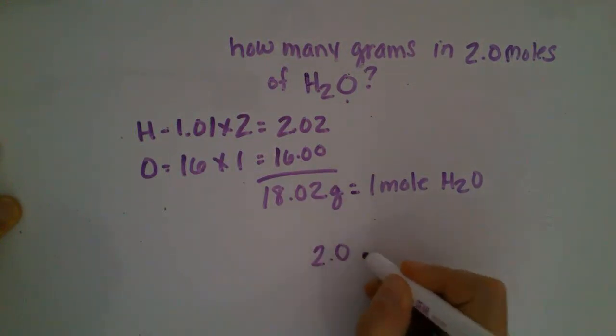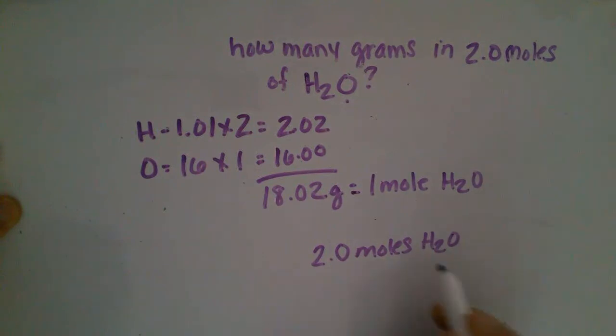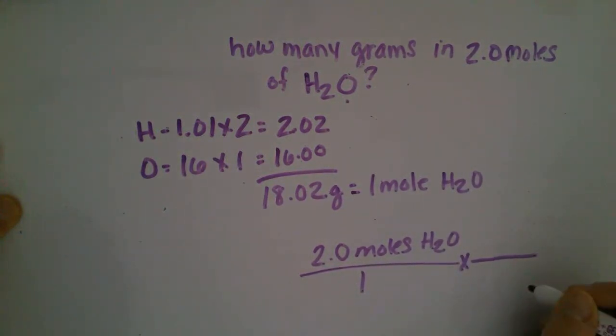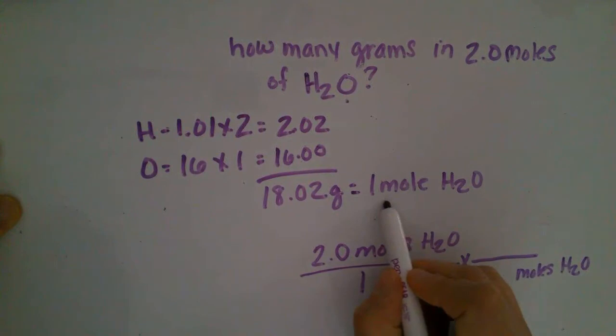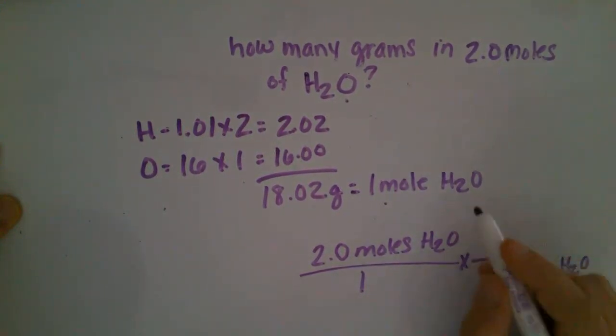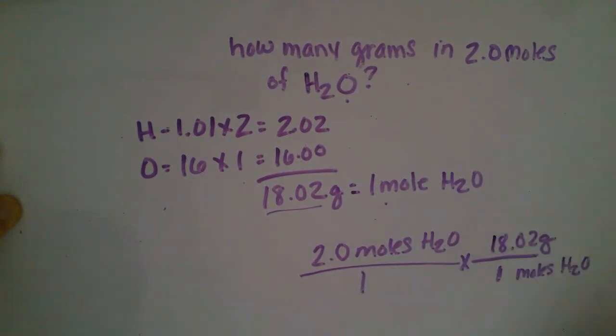Well, we have 2.0 moles of water. So we know that moles of water has to be down below. And we know that 1 mole of water is going to equal 18.02 grams. This will cancel because they're the same.